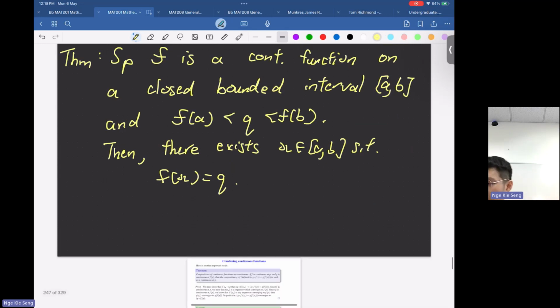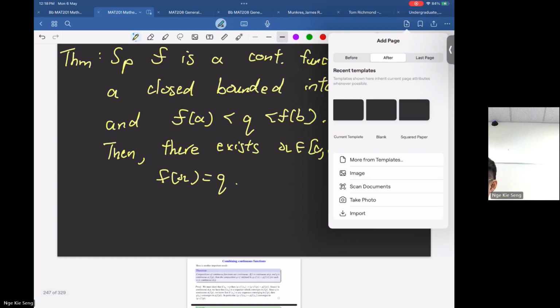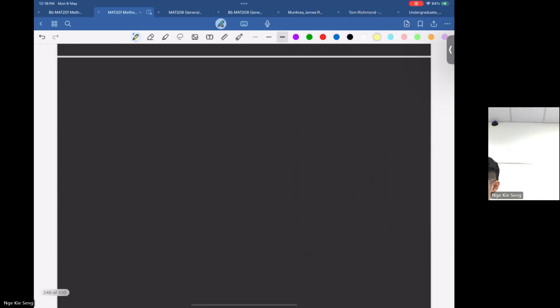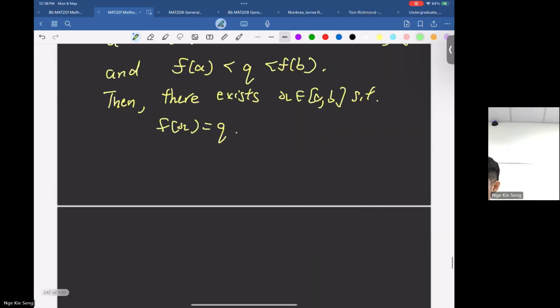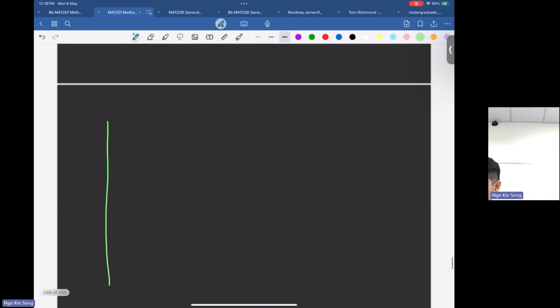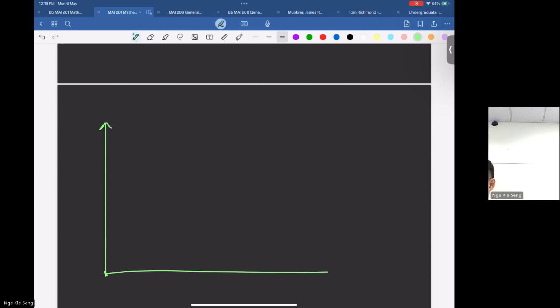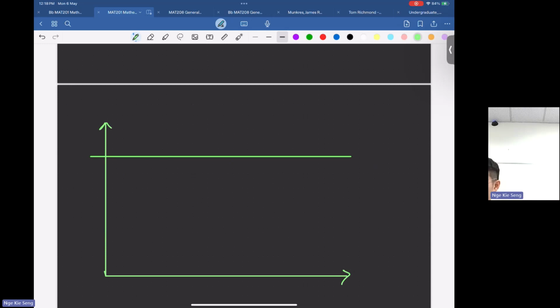Okay, so let's draw some graph. Let's say I have f(b) here, and I have f(a) here.